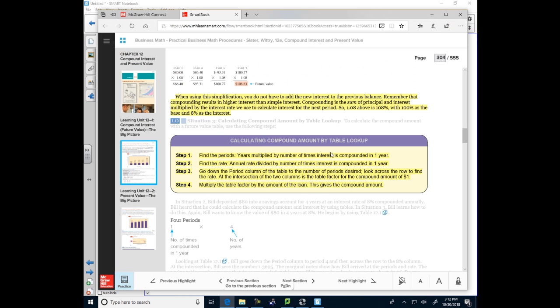Let's go back to our instructions here. Step 3, go down the period column of the table to the number of periods desired, look across the row to find the rate, at the intersection, get the number. They call it a table factor.